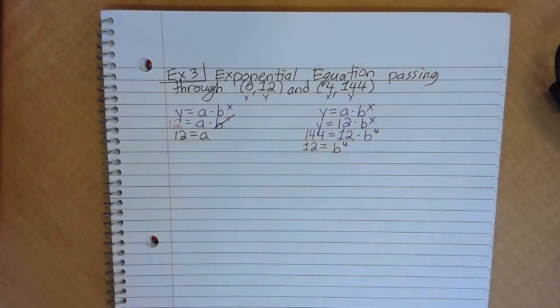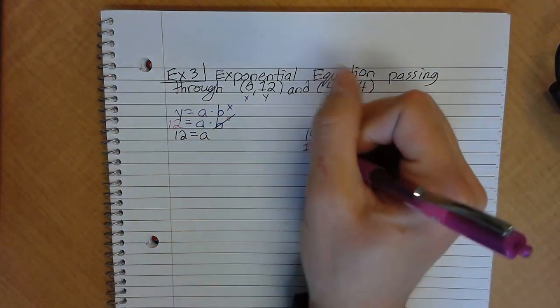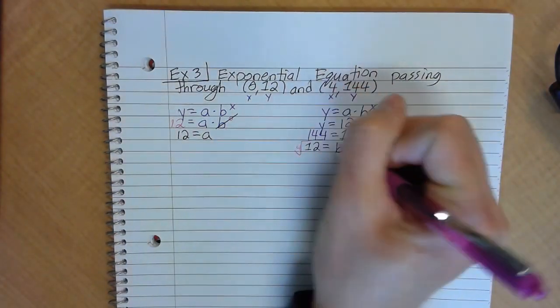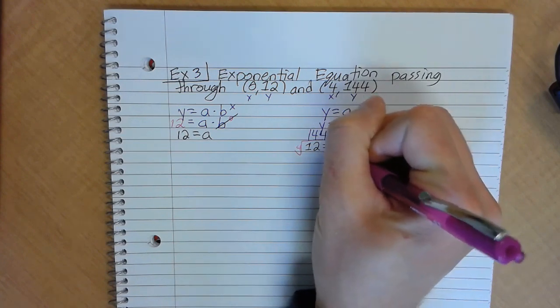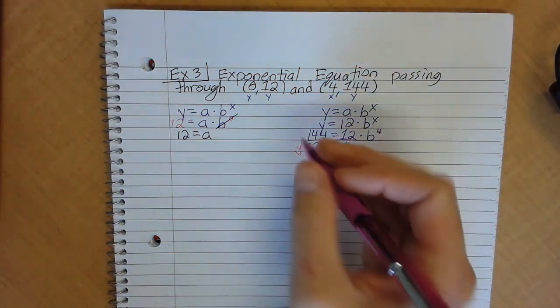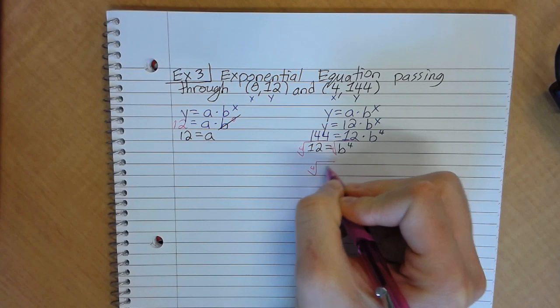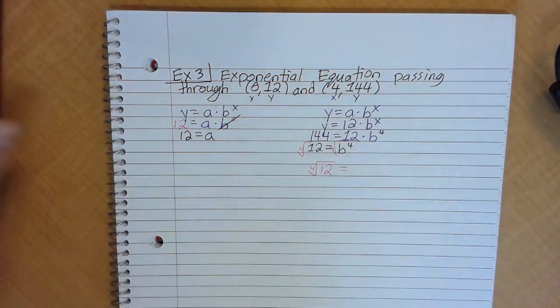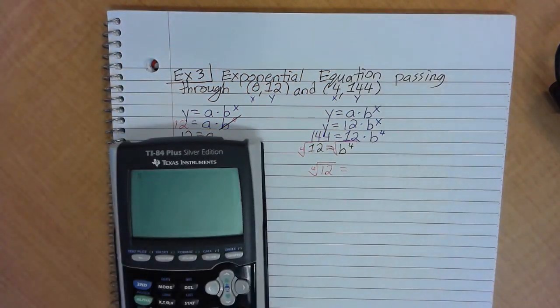Well, you're not going to be able to find the 4th root of 12 just using your head or by hand. It's going to end up being a decimal answer. So we're just going to take the 4th root of both sides and do that right in our calculator. So we need the 4th root of 12. So if you forget, let's go through that together.